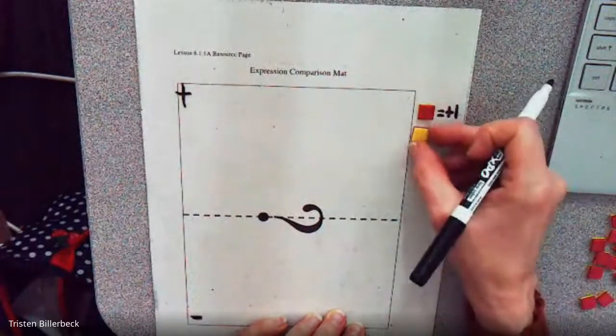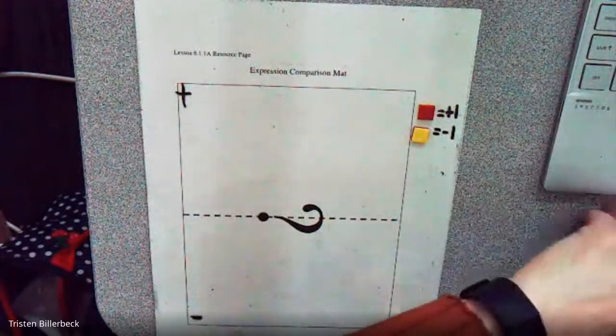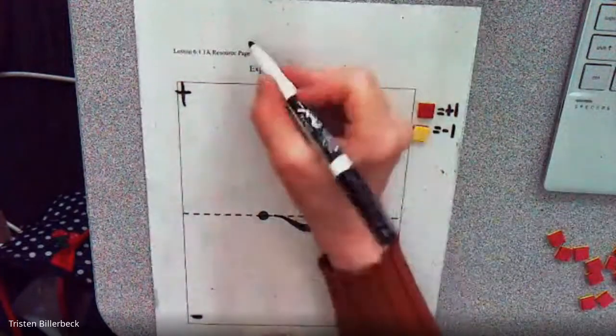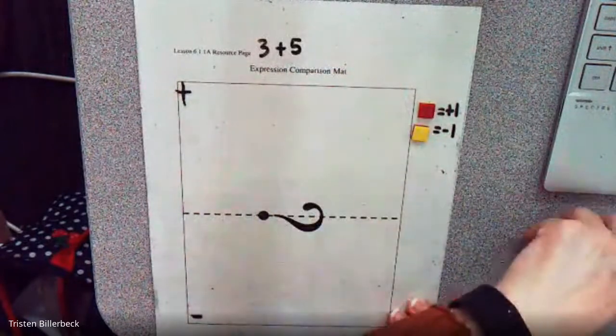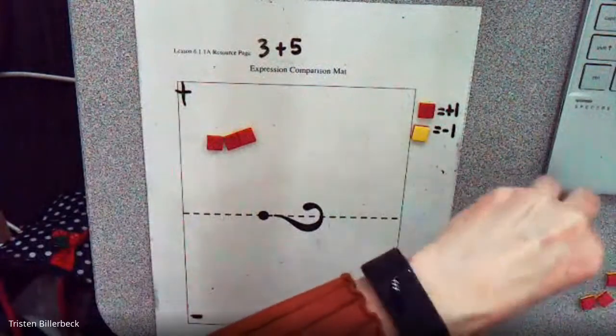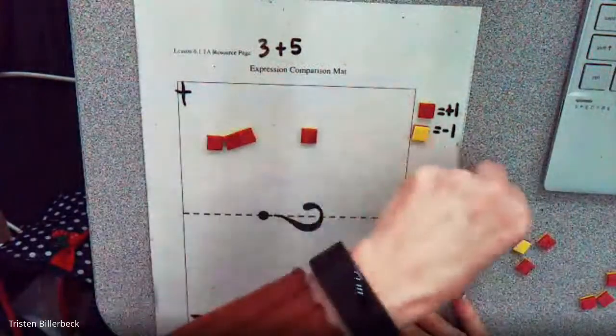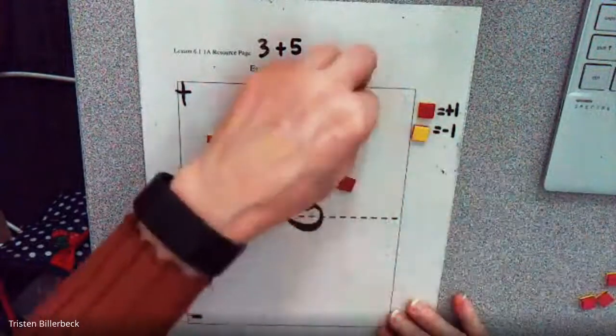This tile equals -1. So if I were to write 3 plus 5, I could take 3 tiles like that, and I could take 5 tiles like that, and have 3 plus 5.